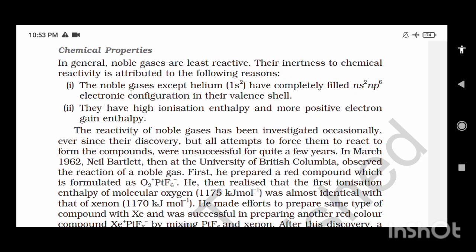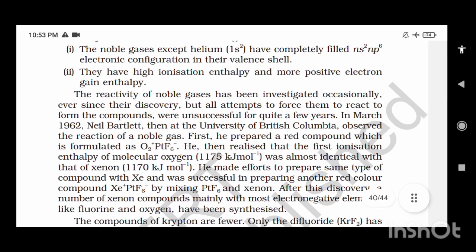The reactivity of the noble gases has been investigated occasionally ever since their discovery, but all attempts to force them to form compounds were unsuccessful for quite a few years. In March 1960, Neil Bartlett, then at the University of British Columbia, observed the reaction of a noble gas.